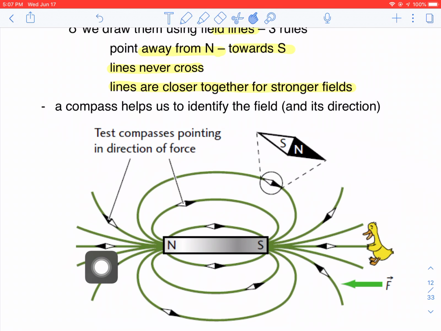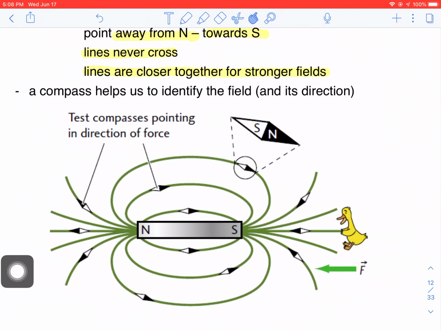Now the black is moving away from the magnet because the South Pole of the compass needle is attracted to the North Pole of that bar magnet. For all these spots, the black is pointed towards south and the whites are pointed either towards north or away from south. Okay, so there's our direction for these magnetic fields.